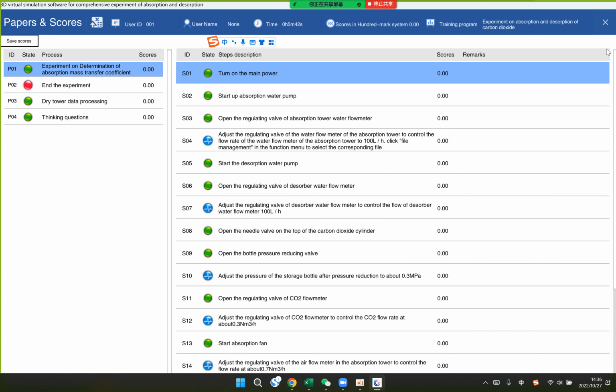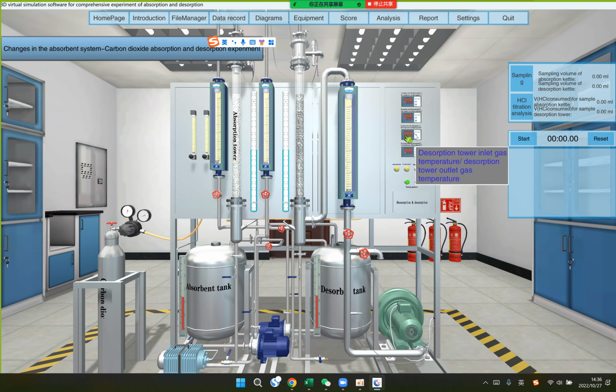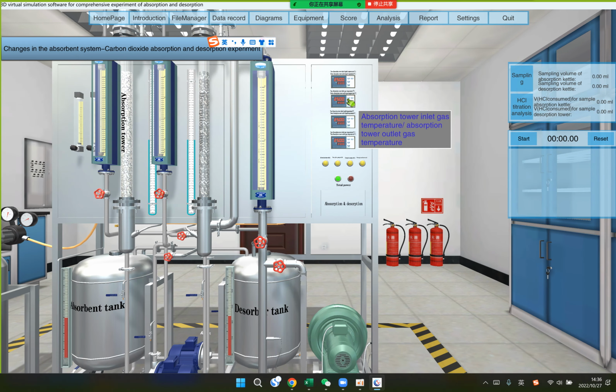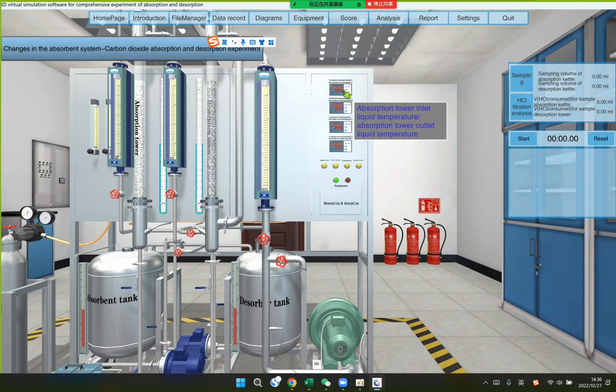Turn on the power and read all the values on the panel. Actually, it's all about temperature. If you read, it's all 25 Celsius degrees, but in the real atmosphere, it cannot be constant at 25 Celsius degrees.